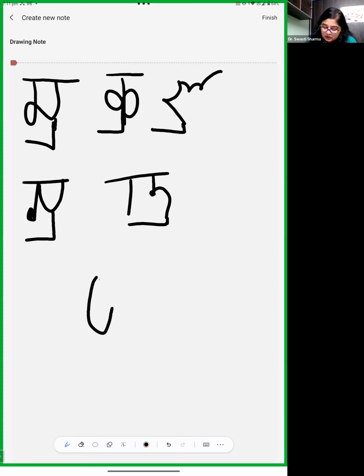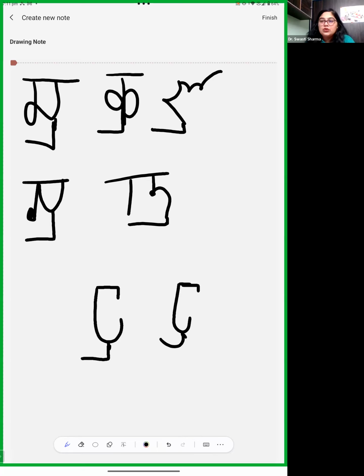Now, we are looking for the letter T. Okay. In T, we will find this matra in both methods. Okay. So we can find it like this. This is Tu. But we will also find the matra of Dirgha Ukar like this too. Okay.